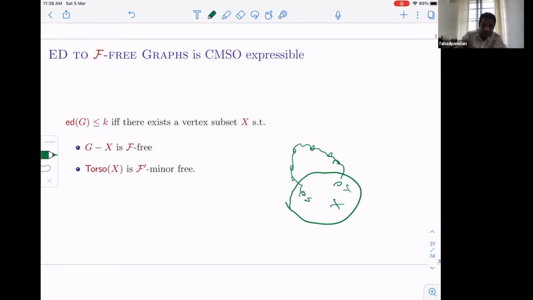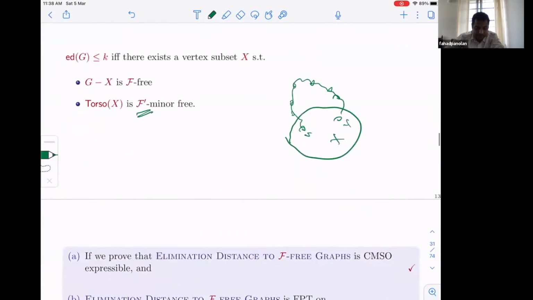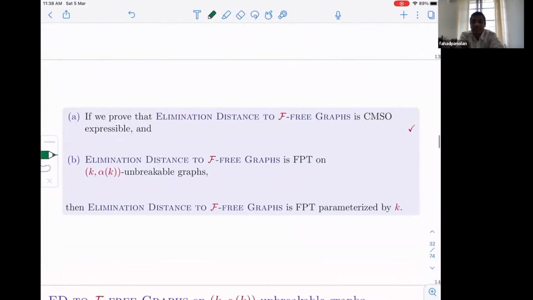Here I want to point out that this F prime will depend on k, and hence for every k you will have different formulas. So your problem is expressible in CMSO. This implies that the first condition is done.